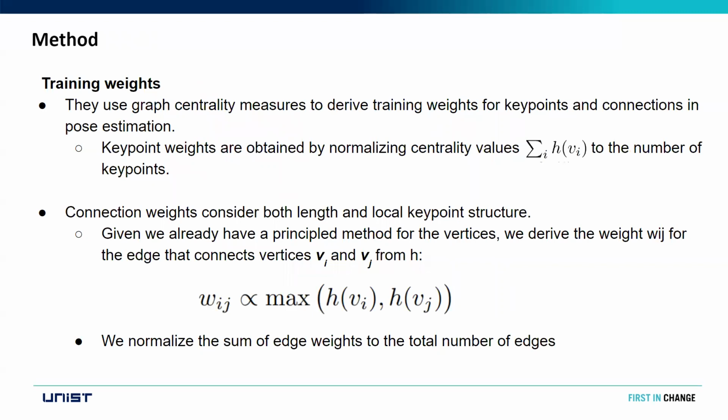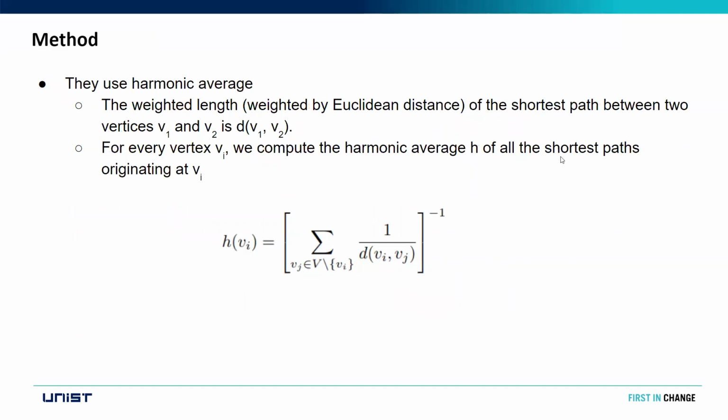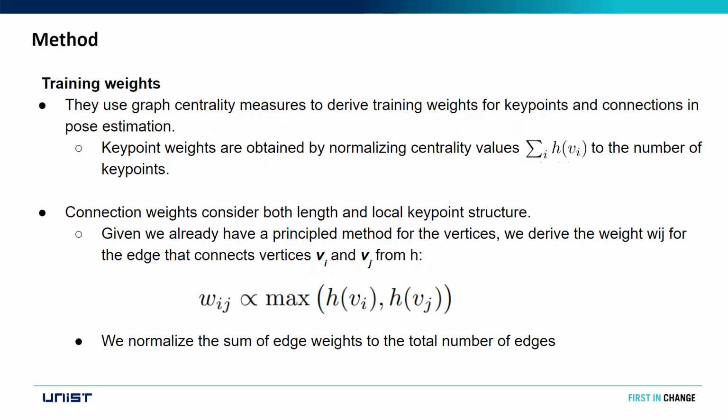And as we said, the key point weights are obtained by normalizing the centrality measures, so the summation of the centrality measure between any two vertices in that ego graph, and then they also assign weights to each key point for the training.